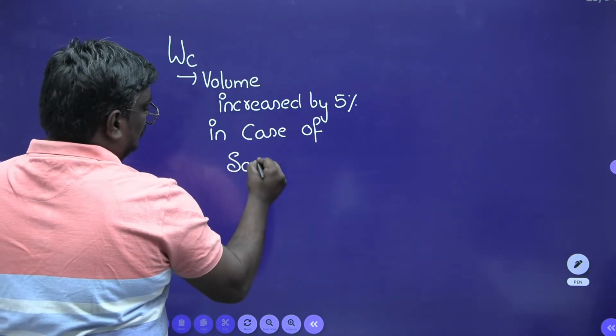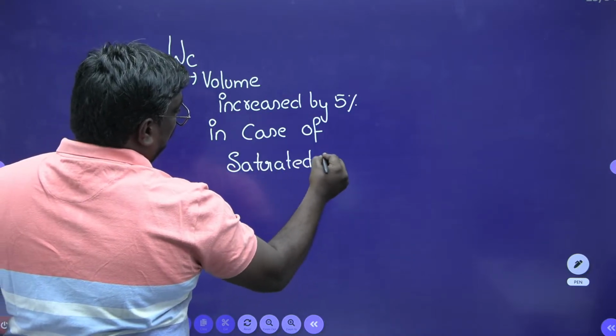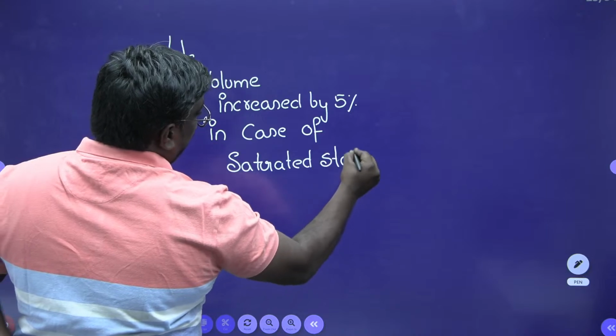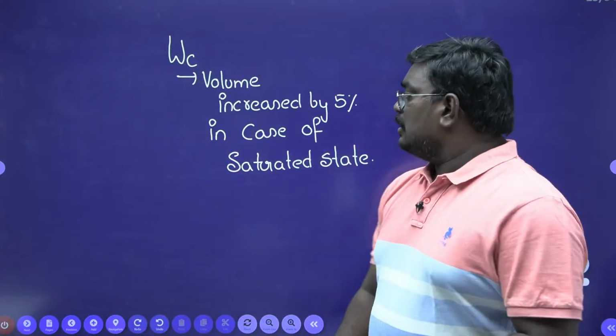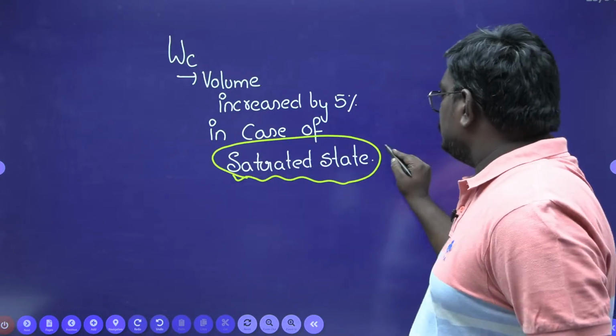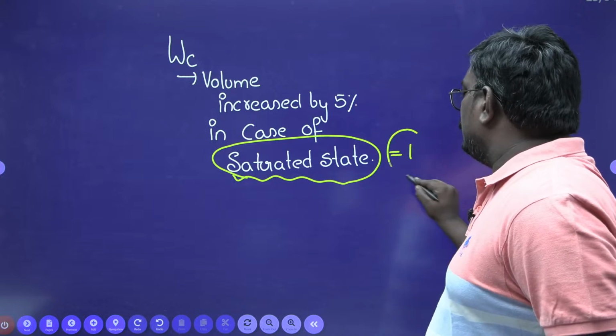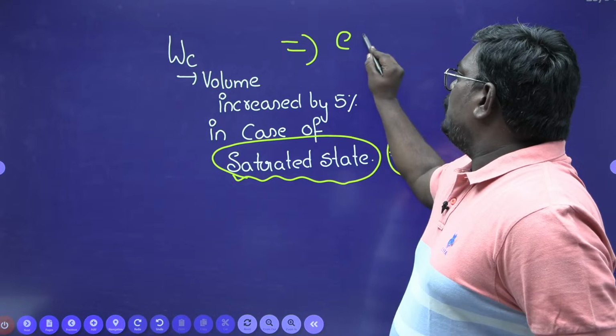Whenever they use the term saturation, the degree of saturation will be equal to 1. So water content can be directly written as e upon G.